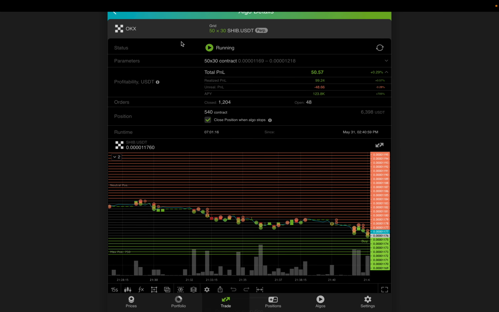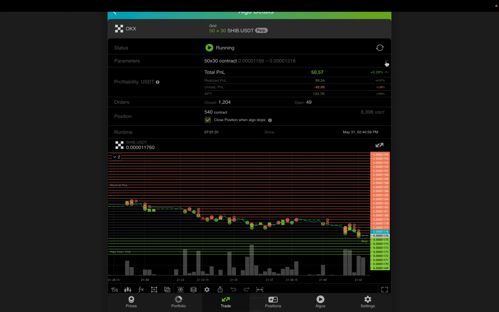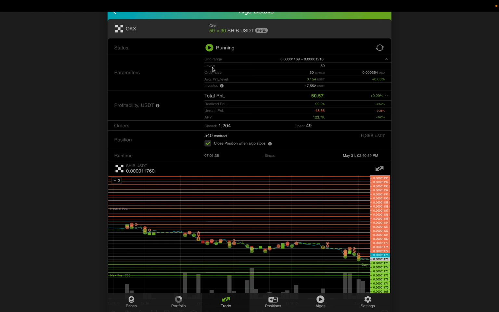SHIB USDT on OKX is one of those rare exceptions. It's an instrument where if you put the grid on with the orders on each price step, you're still going to be making some positive P&L. So it's not large. Let me check what is here. So here P&L per level is about 0.05%.